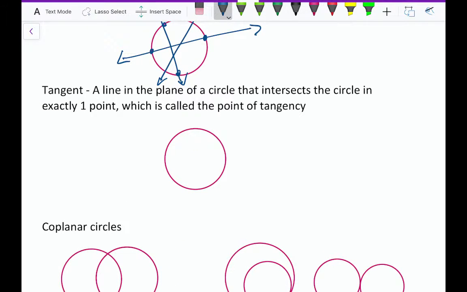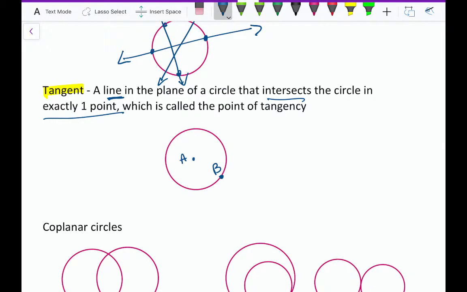Our last real vocab here is tangent. Tangent is a line, again, a line, so it does not have endpoints, in the plane of a circle that intersects the circle only once, exactly 1 point, and that point that it intersects is called the point of tangency. So if I put this point here, let's call that point B with the center of the circle being A. The tangent line goes through B, and I know it looks like it crosses the circle more than once, kind of the way I drew it.